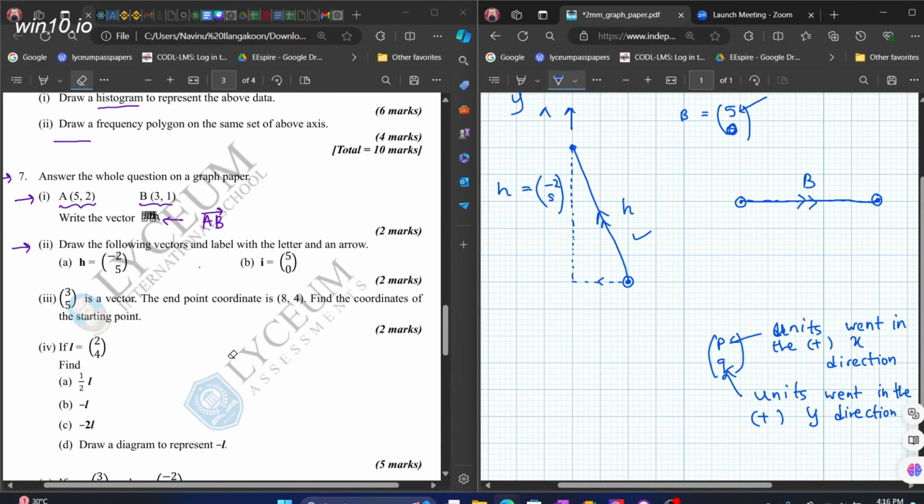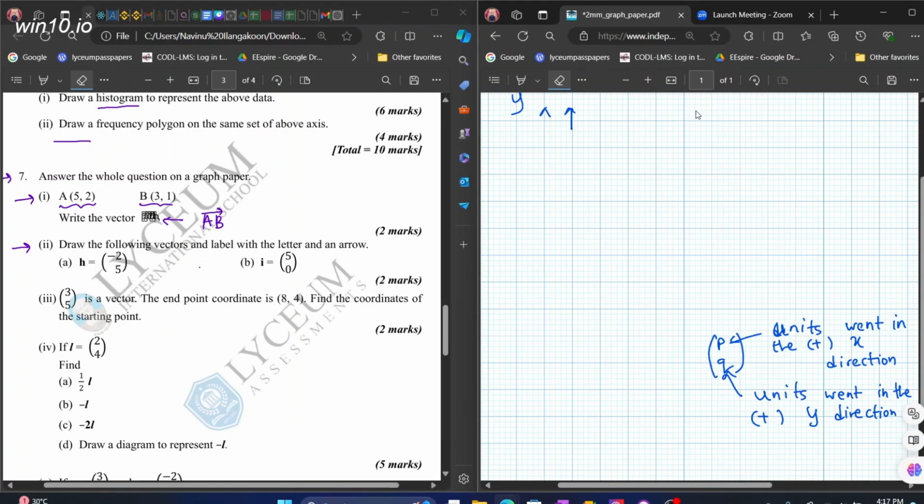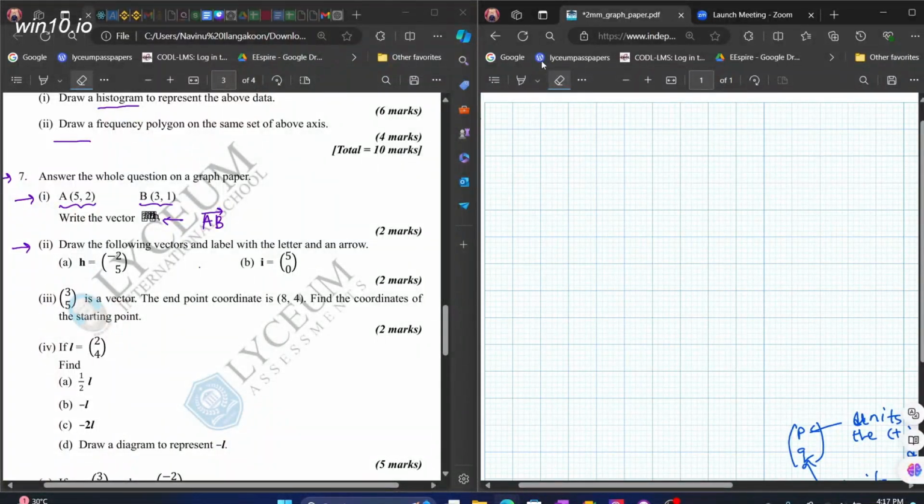Then the third part. (3, 5) is a vector. The endpoint of the coordinate is (8, 4). Find the coordinates of the starting point. So now they are giving us the endpoint. So it's better to have a coordinate axis for this one. So I'll quickly draw a coordinate axis.